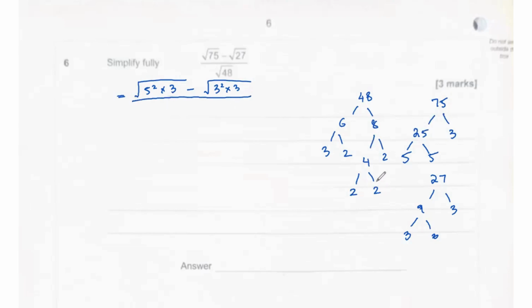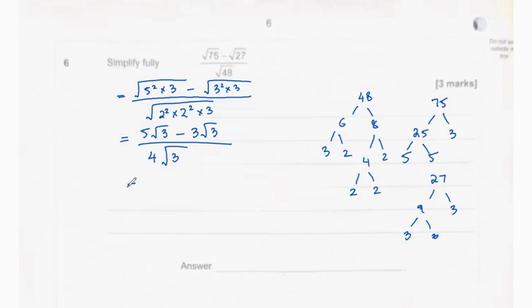Divided by 2 squared, again 2 squared, and then times 3. Square root of 5 squared is 5, so 5 comes outside and 3 remains inside. Square root of 3 squared is 3, so 3 comes outside and the other 3 remains inside. And this is basically 4 root 3. Square root of 2 squared is 2, so that 2 comes outside. Same goes for the other one, so 2 times 2 became 4.